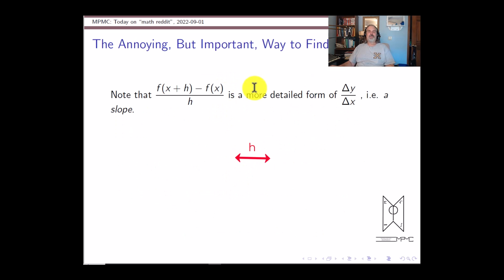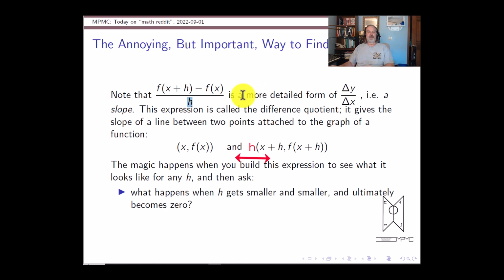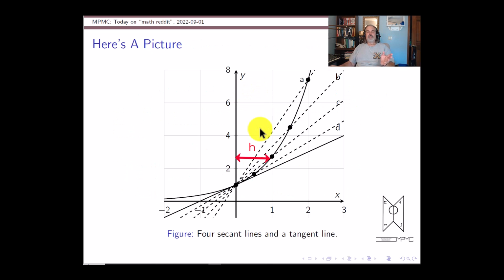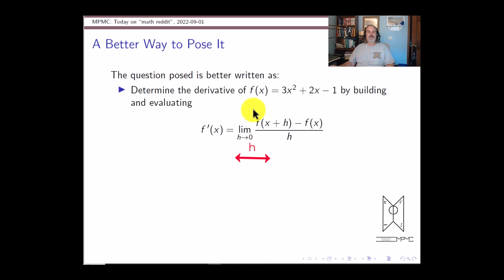But that's what's happening with all this f of x plus h minus f of x over h. Now, whether you understand that or not, it still just turns into a bunch of algebra to get it done. The question that was asked, and this is not the user saying this, this is the way it was posed as a problem to the user, should have been written as: determine the derivative of this function by building and evaluating f prime, the derivative, which is the limit as h goes to 0 of this difference quotient.